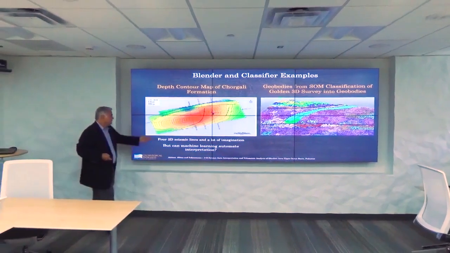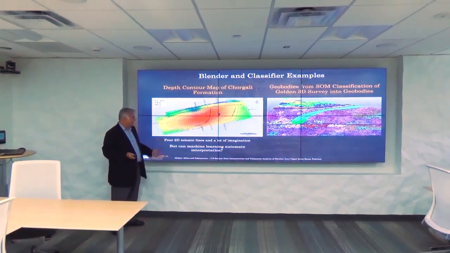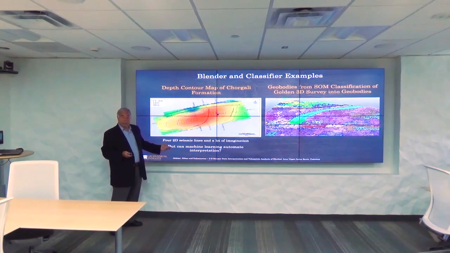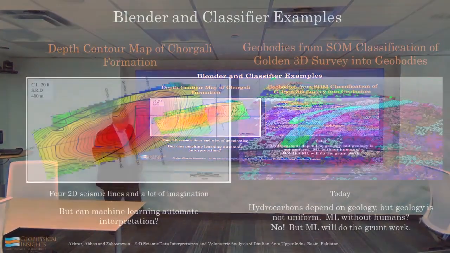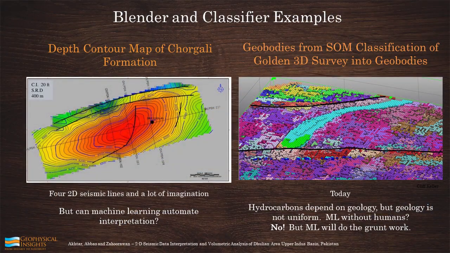So these four 2D lines required a lot of imagination. And what do we have today? Well, today we're looking for hydrocarbons, which depend upon geology, right? They just don't happen anywhere. I mean, physics is the driver. In terms of geophysics, what's the dog and what's the tail? Well, the dog is a physical principle, so we have to know something about the wave equation before we can understand whether the machine learning is going to do any good or not, right?